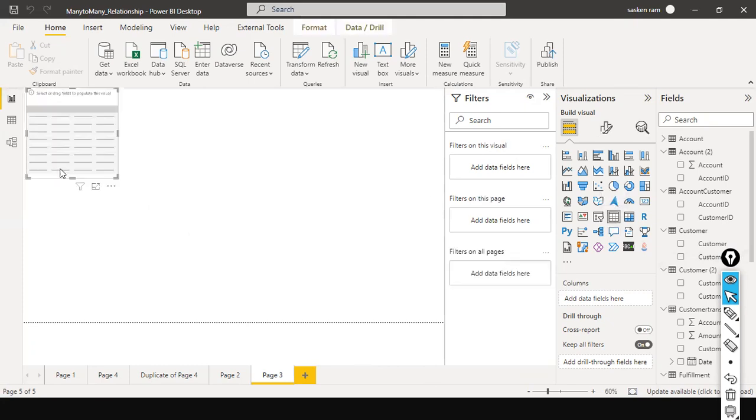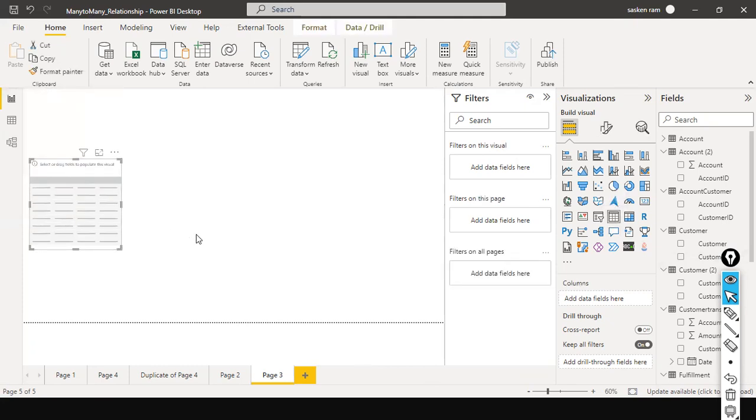I will click on the table visual here. I'm going to click on another table visual here. In this table visual, I will bring the account number from my account table.